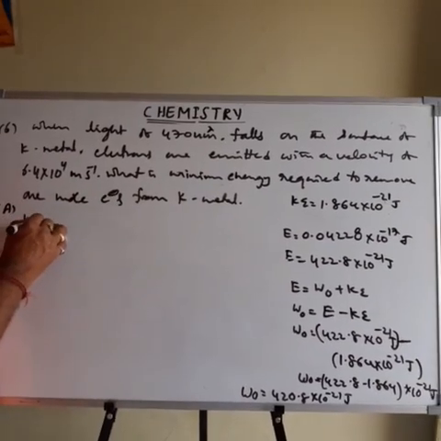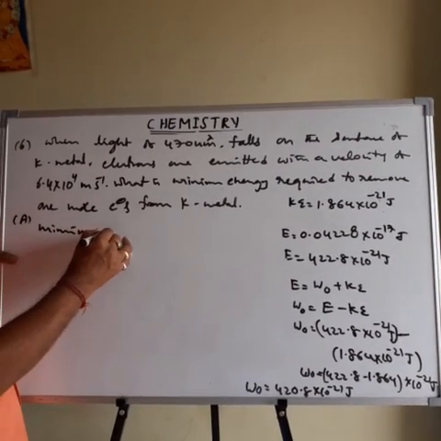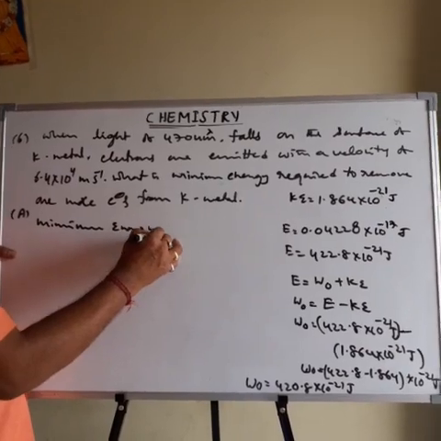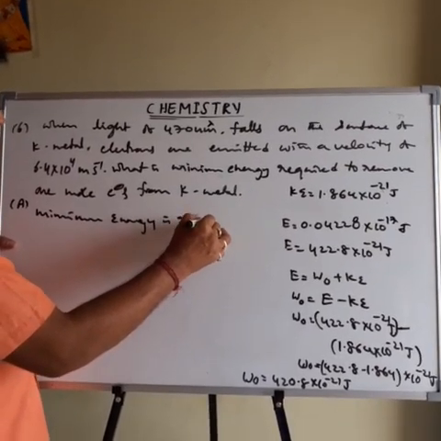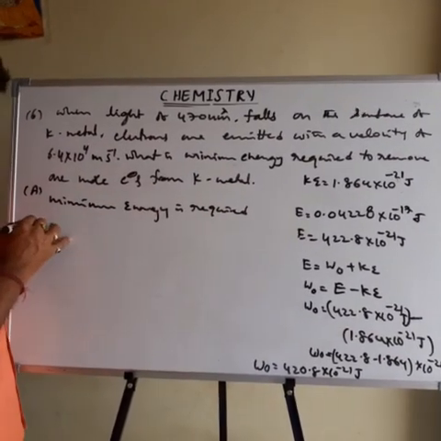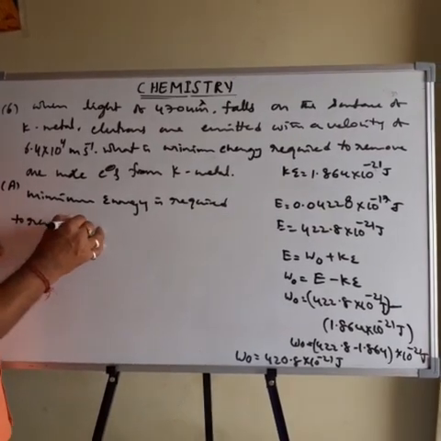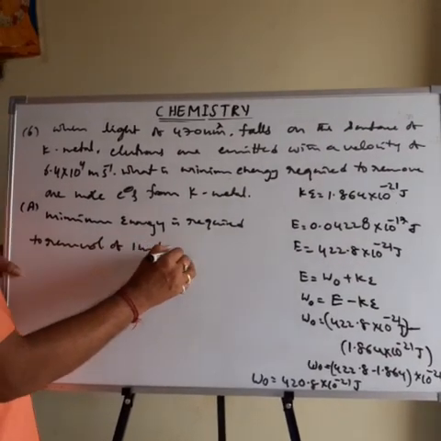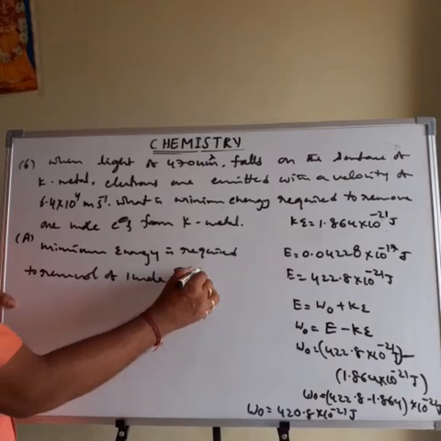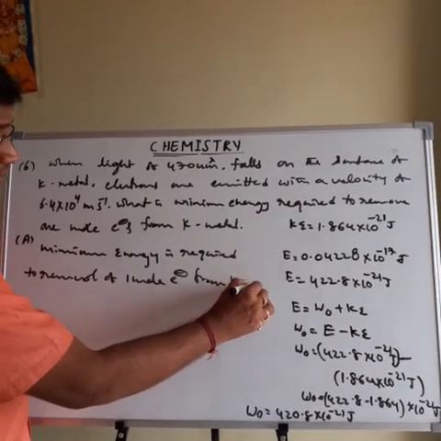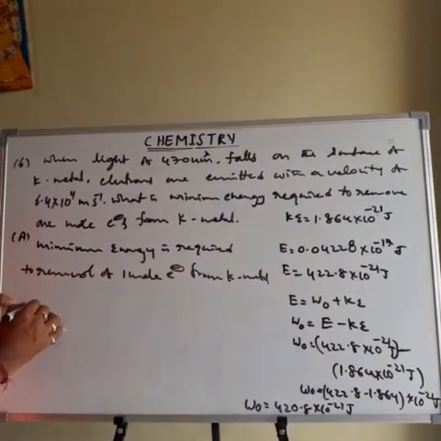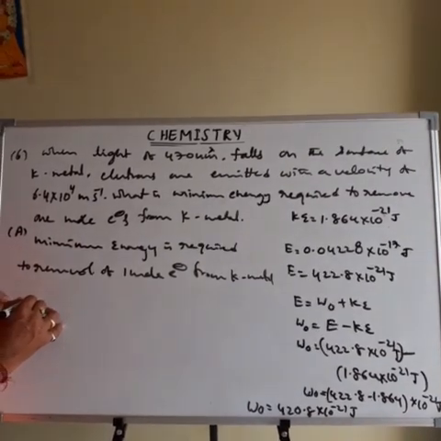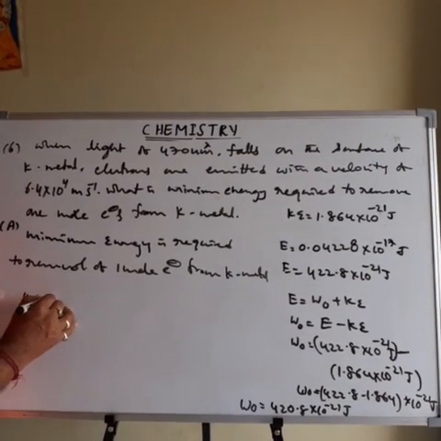Next, the minimum energy required for removal of 1 mole of electrons from potassium metal is 420.8.